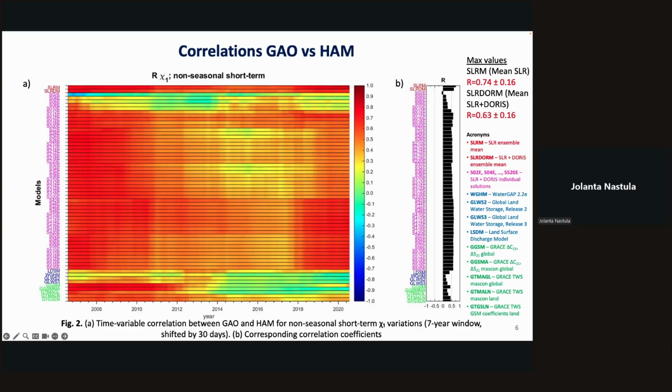Then we go through four hydrological models and five GRACE models. And we see the best results are obtained from the SLR-only hybrid solution mean model, then for the SLR plus DORIS hybrid model. Also, we see that increasing the number of harmonics and empirical orthogonal functions results in better correlation, but there are also periods of weaker correlation common for hybrid solutions, hydrological-based results, and also for GRACE.